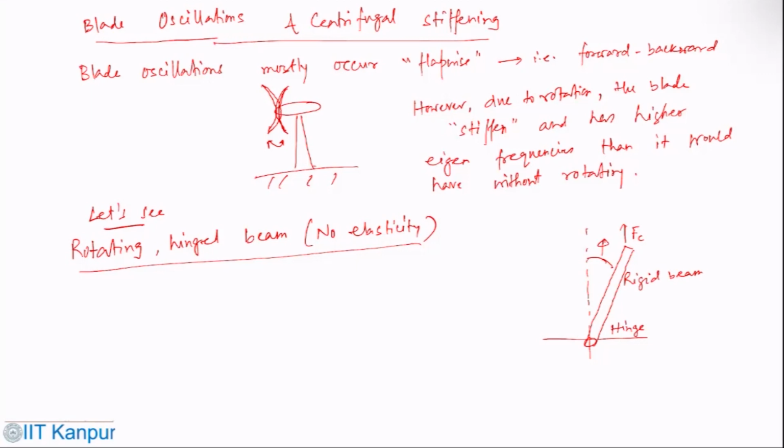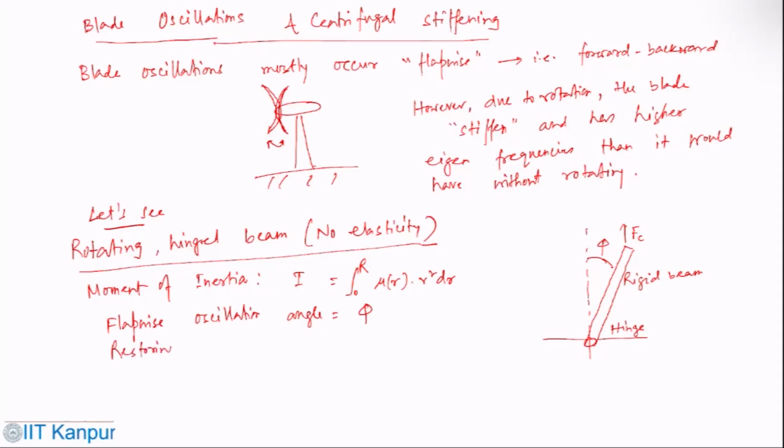So what we can have is the moment of inertia I equal to the integral of mu r square dr. We have an oscillation angle phi, and you have a restoring moment M of phi.